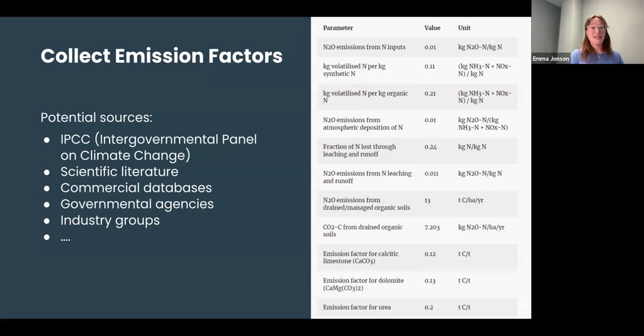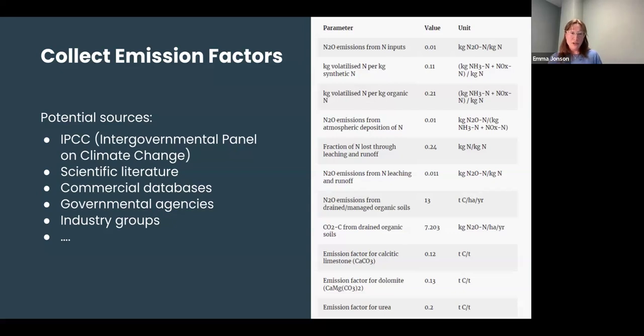You can, in some cases, use governmental agencies that might supply emission factors for electricity, for instance, and other activities. You can, in some cases, use industry groups that provide emission factors for different types of input, for instance.